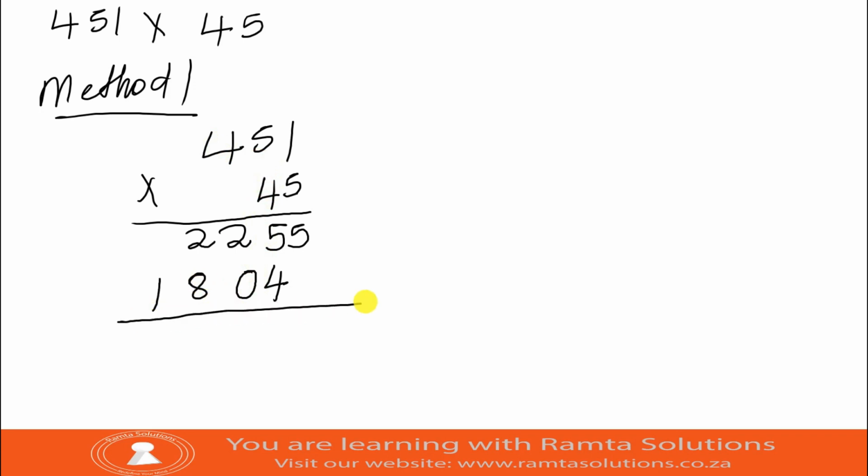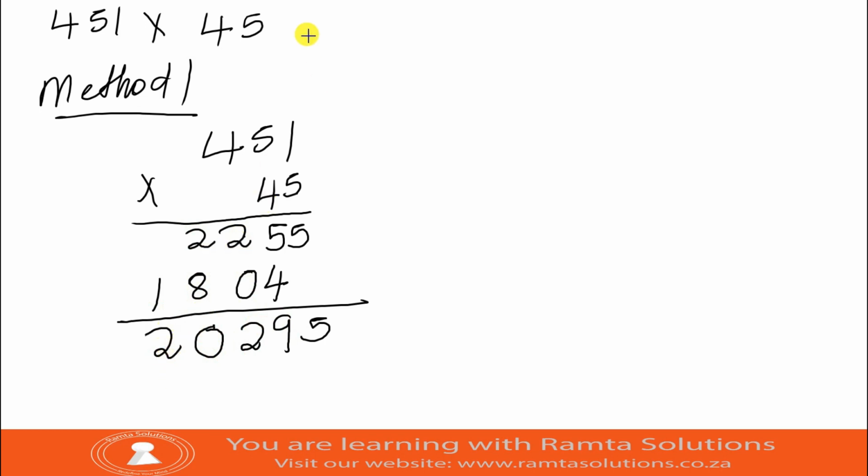Then in this column, we add the numbers. 5 plus 0 is 5. 5 plus 4 is 9. 2 plus 0 is 2. 2 plus 8 is 10. Because it's 10 and it's not the last number, I'm going to write 0 and carry that 1. 1 plus the 1 that we carried becomes 2.